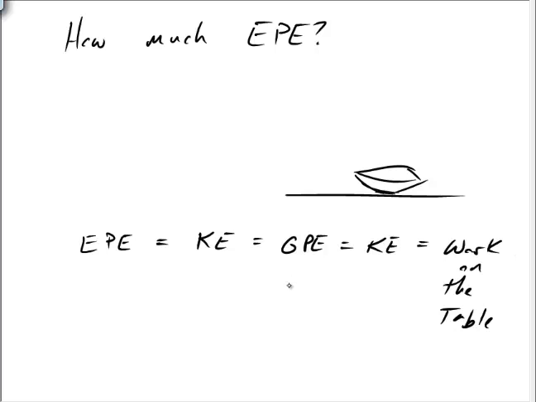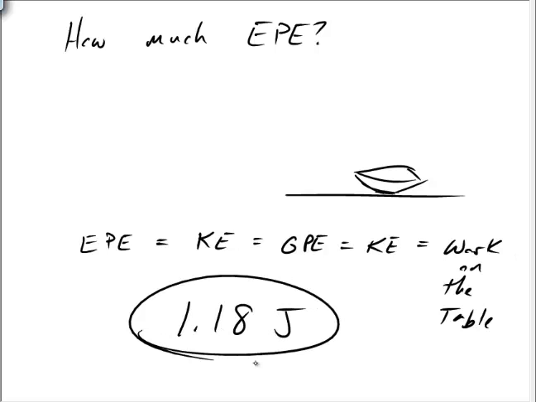The energy throughout the entire process has to be 1.18 joules. There is no other answer to that question. I know that this is a plus and not a regular, but really this is the essence of a pendulum. It switches from gravitational potential to kinetic to potential to kinetic. And there are all kinds of examples of this out there that you can look at and see.